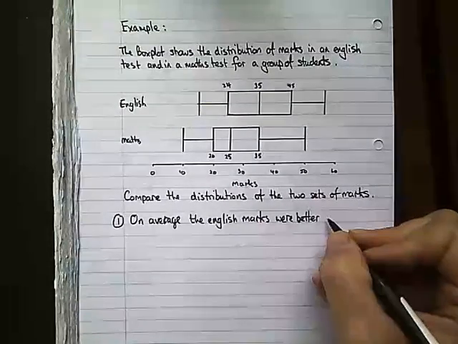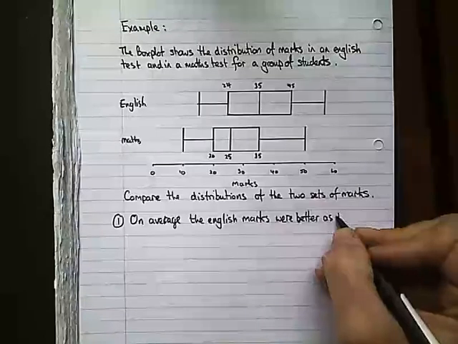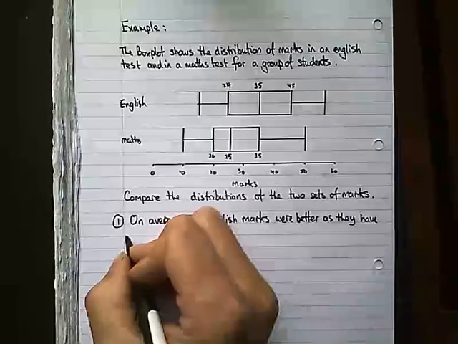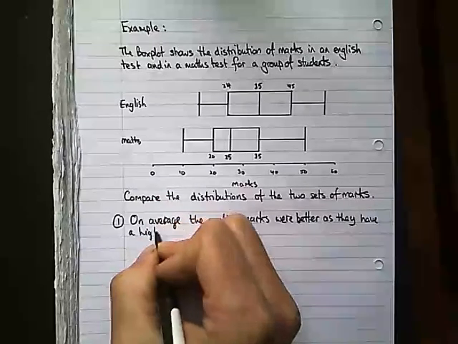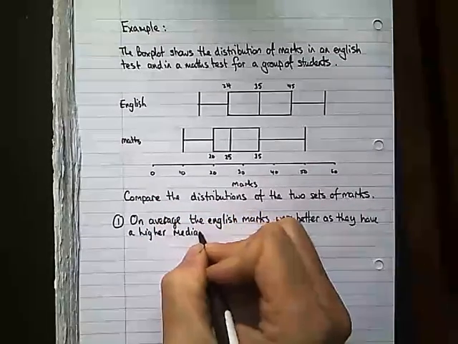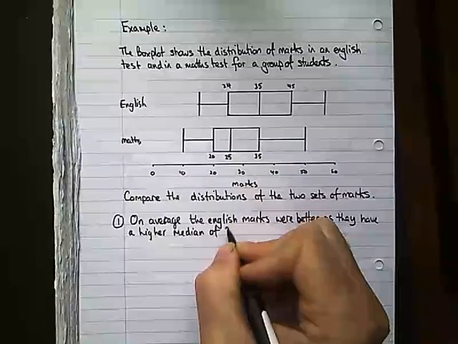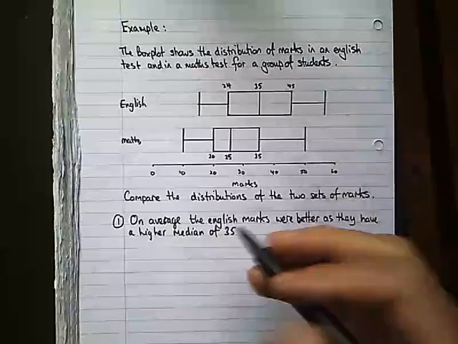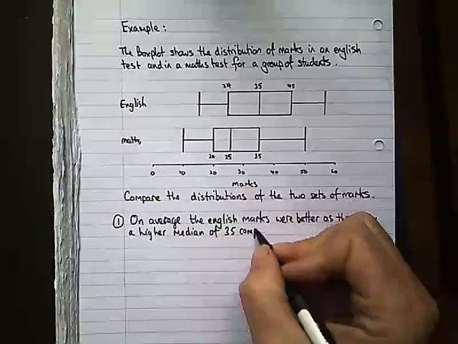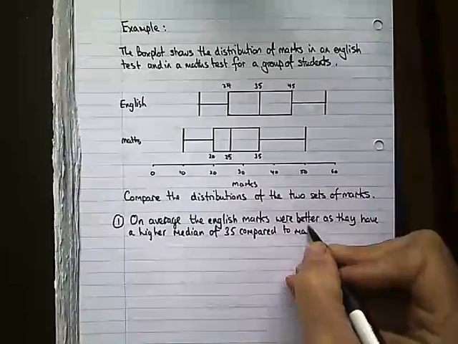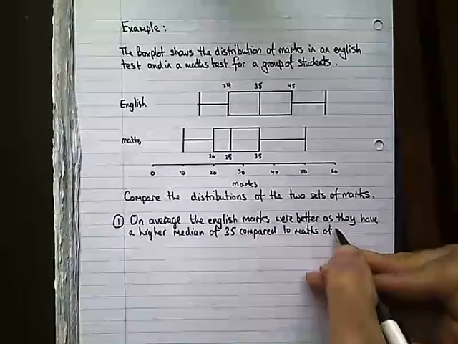Okay, so as they have a higher median of 35, because the English marks have a median of 35, compared to maths of 25.